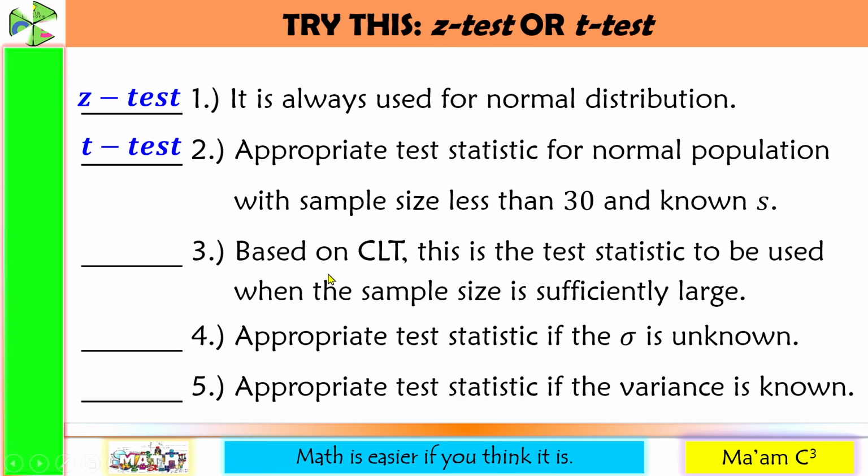Number three, based on central limit theorem, this is the test statistic to be used when the sample size is sufficiently large. This is z-test. Number four, appropriate test statistic if the sigma is unknown. We use t-test. Number five, appropriate test statistic if the variance is known. Here we use z-test.